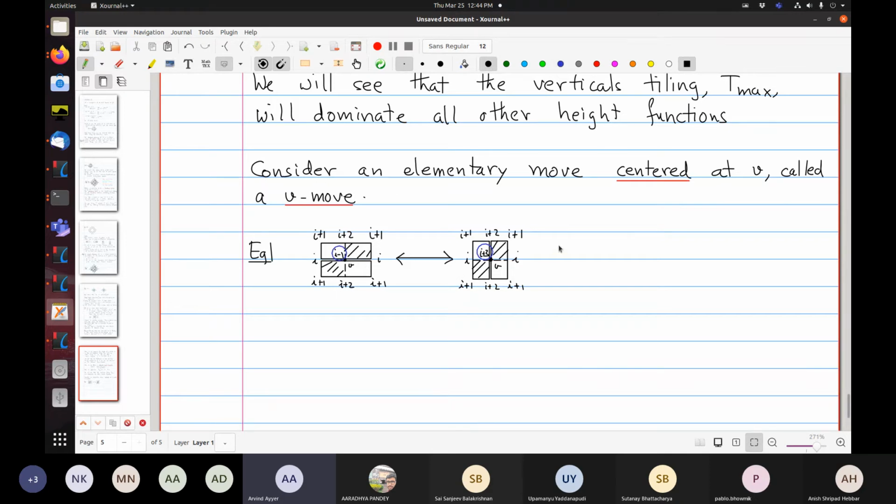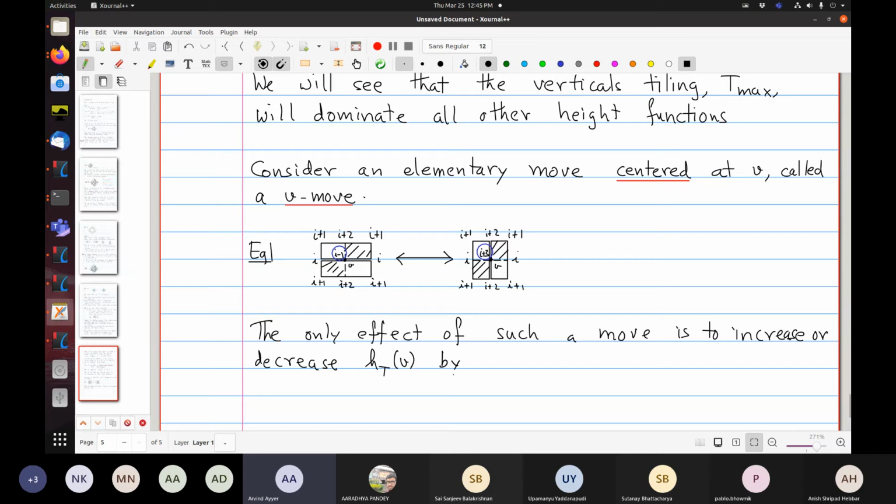So, and similarly for the other case. So what is the observation? It is that the only effect of such a move is to increase or decrease h_t of v, the reduced height function, by 1.